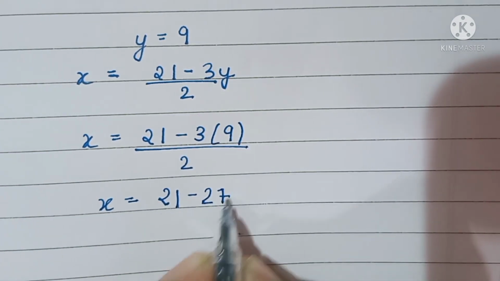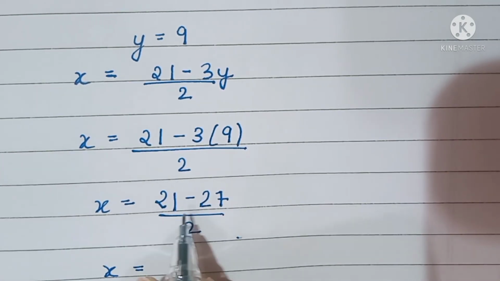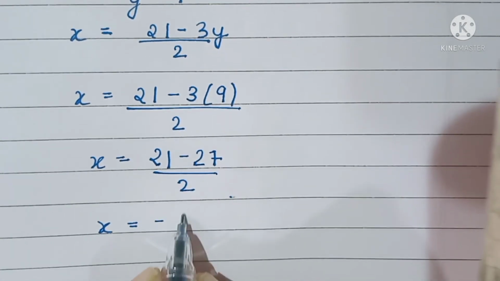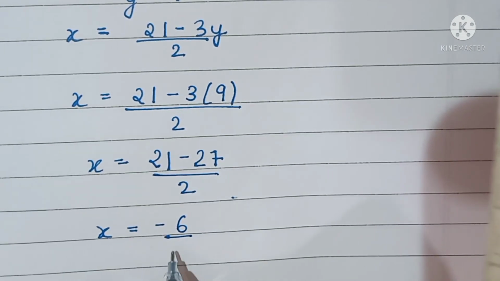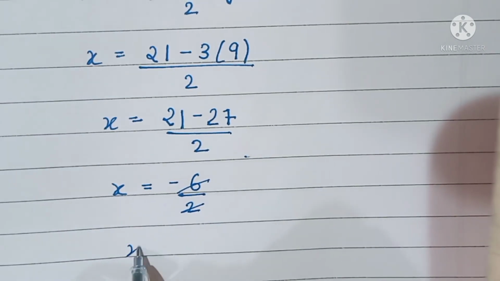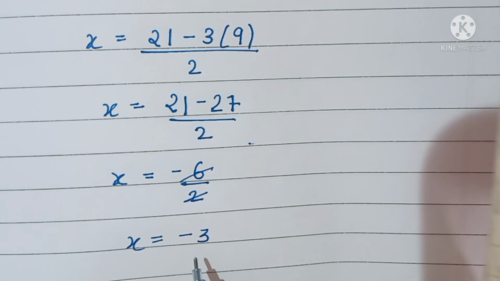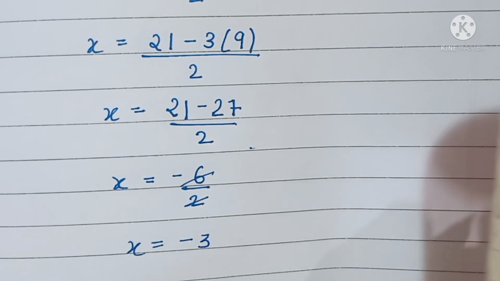So 21 minus 27 upon 2. x is equal to 21 minus 27 is minus 6 upon 2. So 2 threes are 6 and the value of x comes to be minus 3.